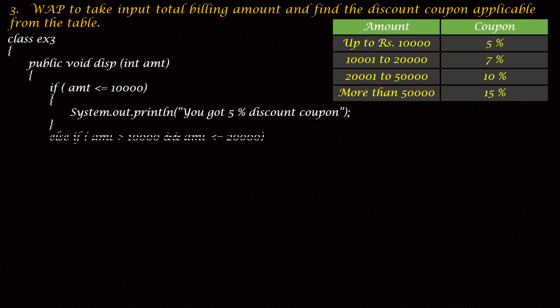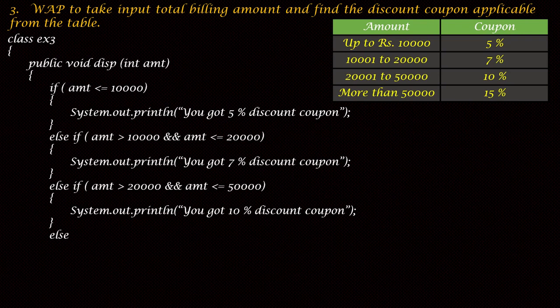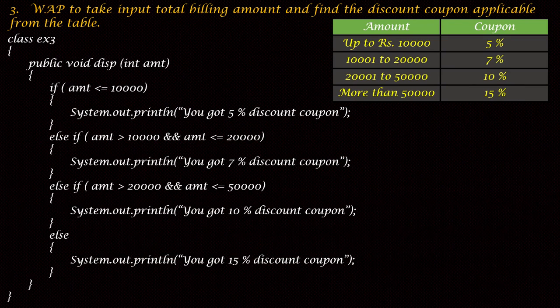So let us see the program. Here we have taken input the amount and I am checking whether my amount is less than or equal to 10,000. If my amount is less than or equal to 10,000, then I am eligible for 5% discount.